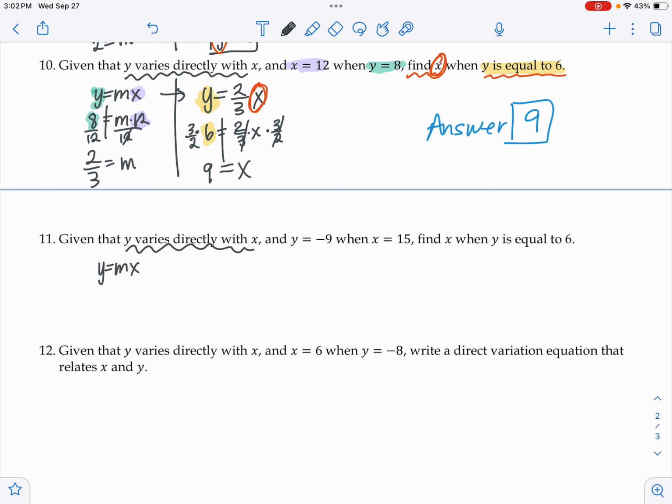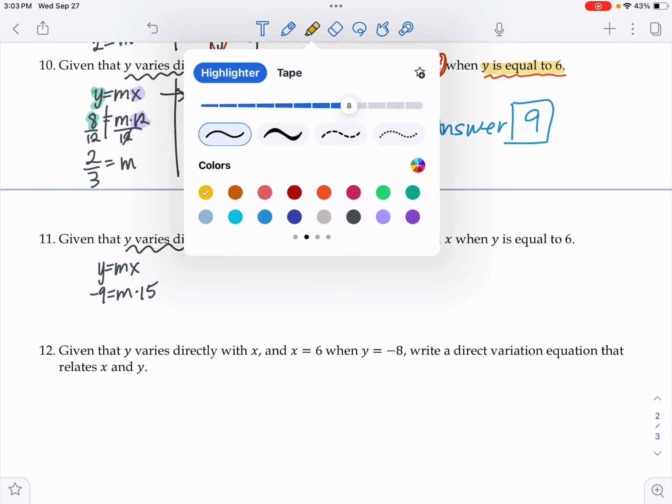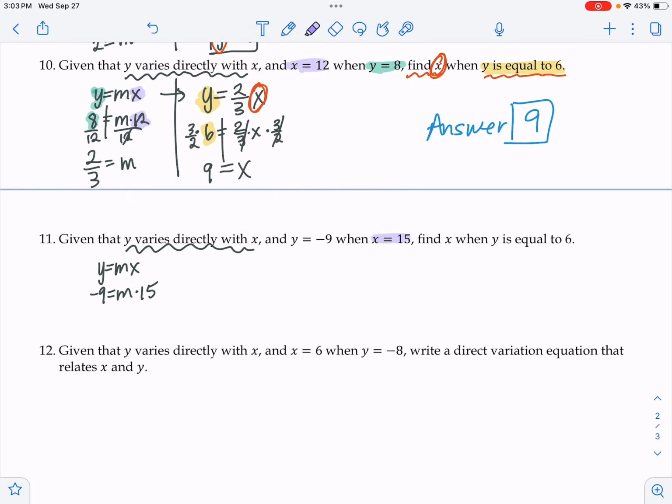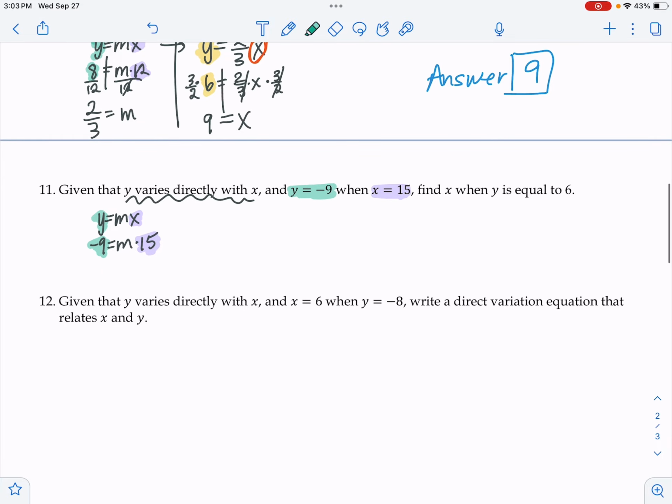And then y is -9 when x is 15. X is 15, so I replace X with 15. Y was negative 9, so I replace Y with negative 9. Now we can solve for M by dividing both sides by 15.